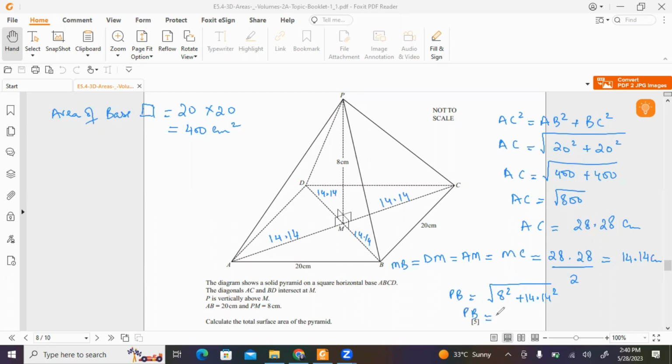Directly plug this in the calculator. 14.14 squared plus 64, and then we take the square root of that. That's 16.25.